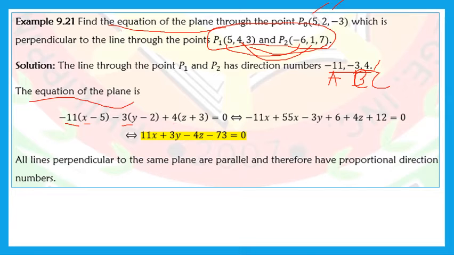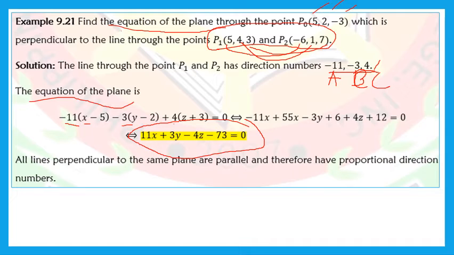And then Z plus 3 is galing siya dito. Kaya siya naging positive kasi diba Z minus Z sub O. So ibig sabihin Z minus the negative 3 is magiging positive 3 equals to 0, or kung i-simplify natin yan, we get this equation 11x plus 3y minus 4z minus 73 equals to 0.